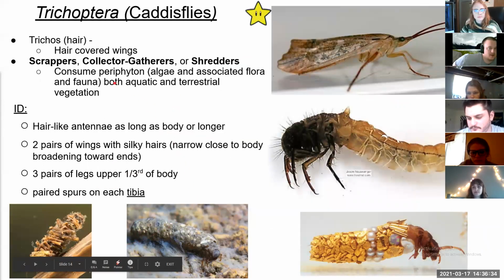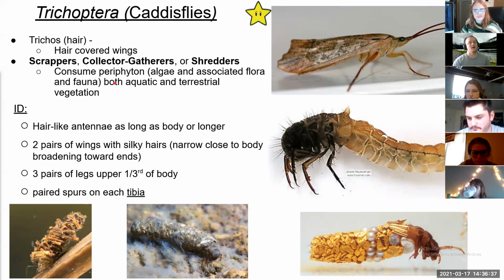And this third one, the Trichoptera, are our caddisflies. Trichos means hair, and you might see here they have tiny little silky hairs on them. So they have these hair-covered wings.